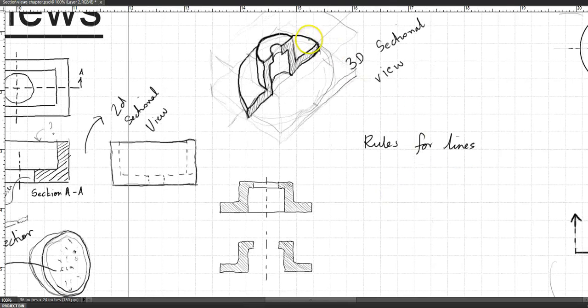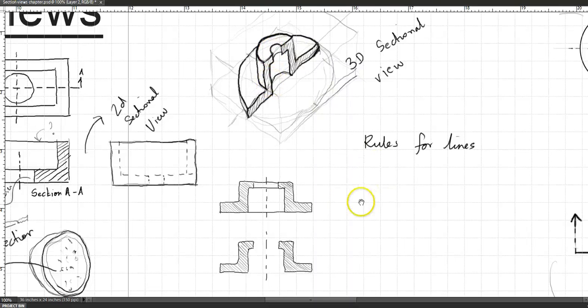Okay, now you can visualize this object. It's like a cylinder with a hole and is resting on another round cylindrical base. Okay, so when I am cutting through here, you can already see the section lines. So what is the correct way of drawing this section?